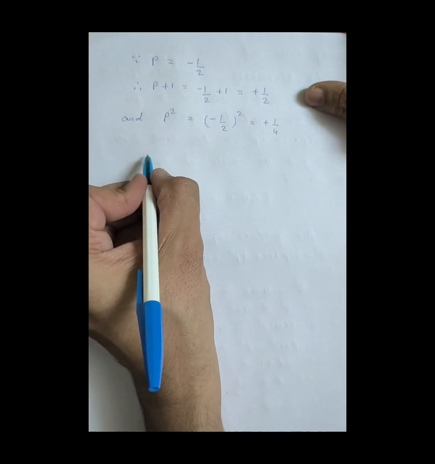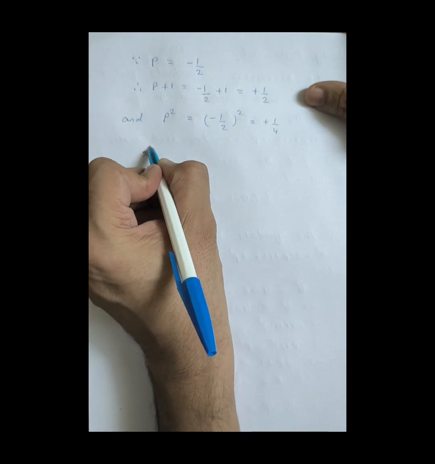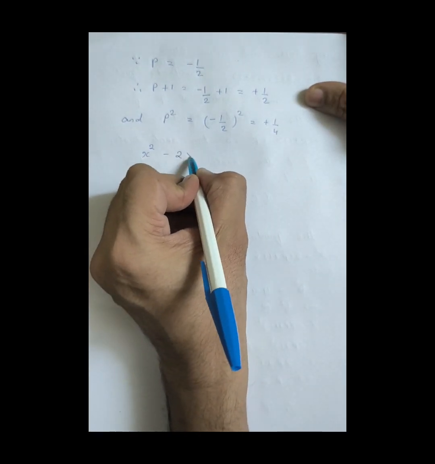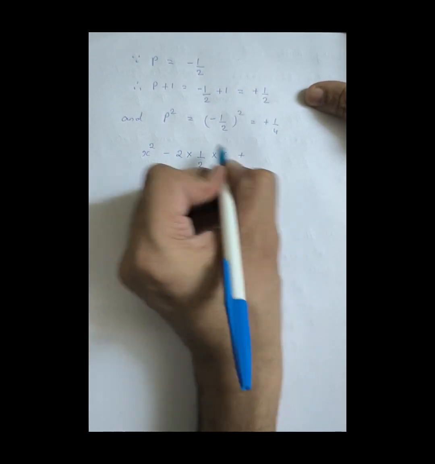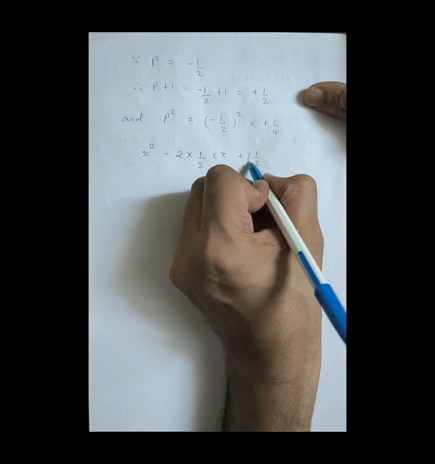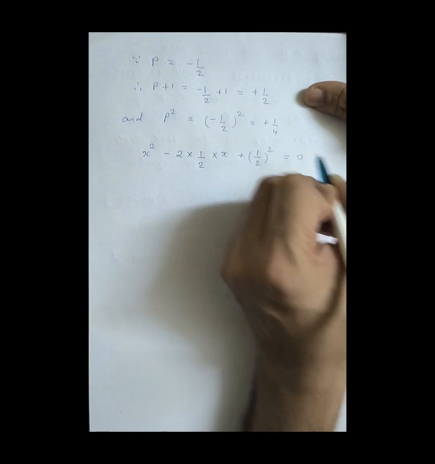On placing value of p, we will get x square minus 2 times (p plus 1), that is half, x plus p square. We can write half square equal to 0.